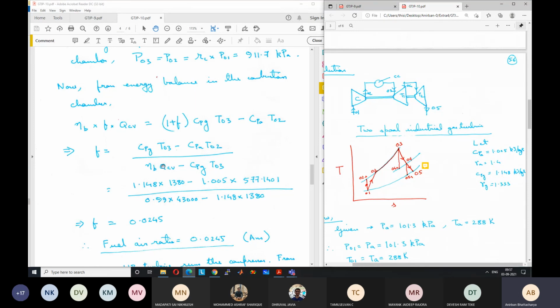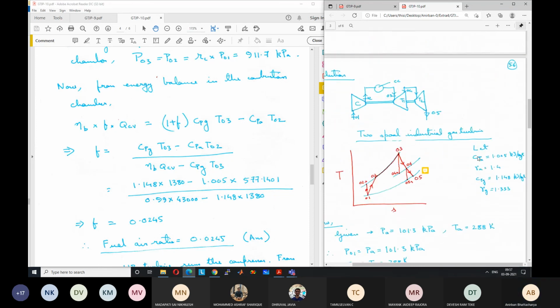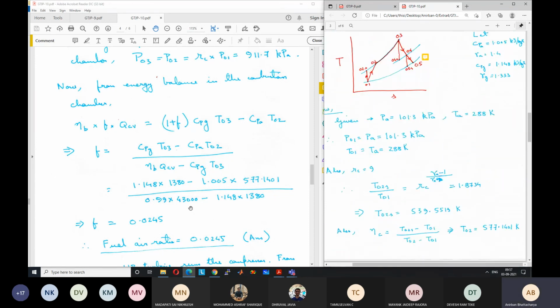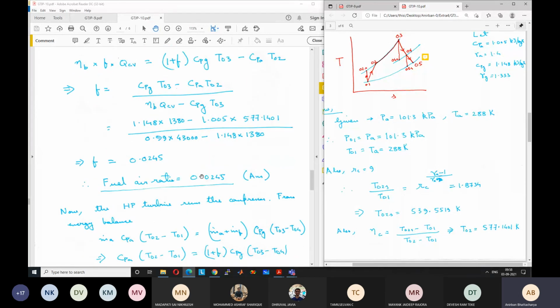Combustion efficiency is given as 0.99, and calorific value is given as 43,000. From this we get a fuel air ratio of 0.0245. So this is the answer to the first question, fuel air ratio. You can find the air fuel ratio from here; it will be around 40 point something.